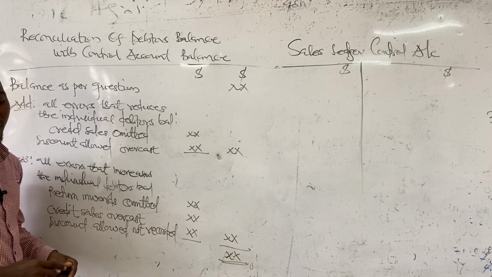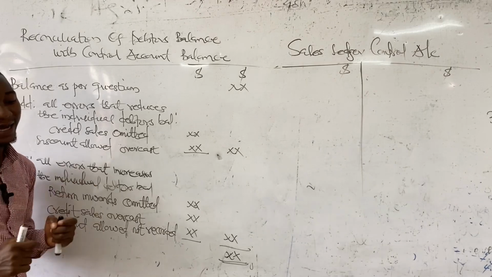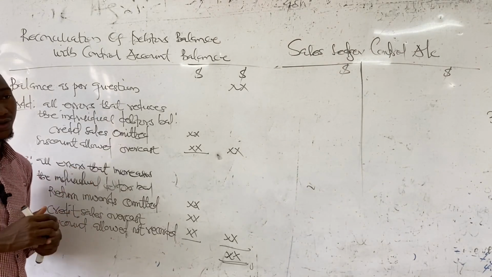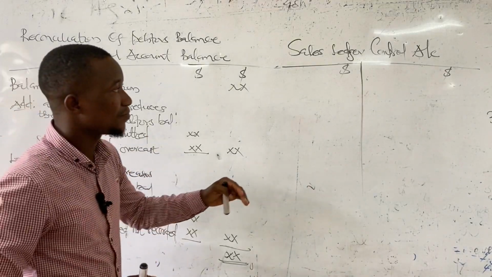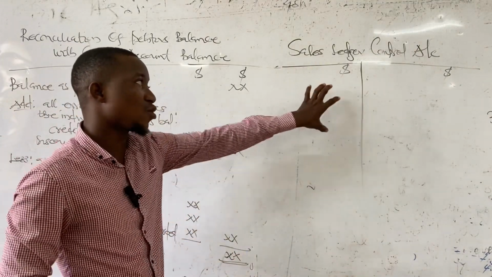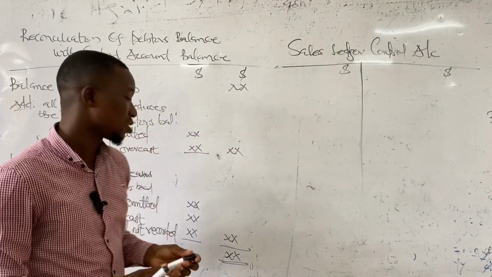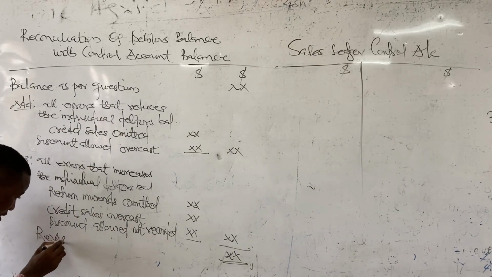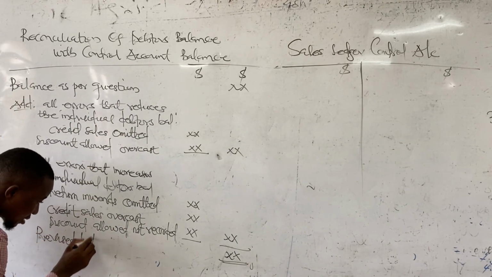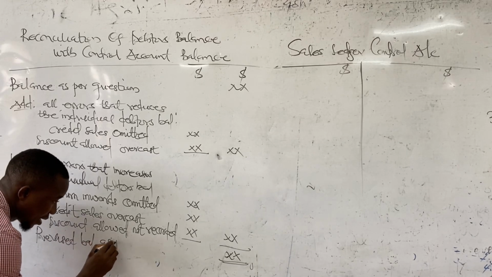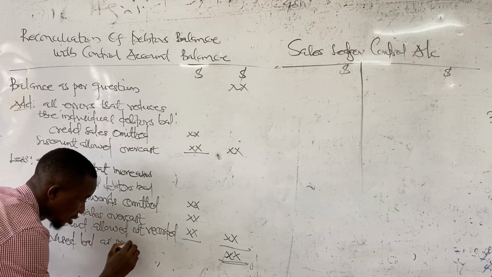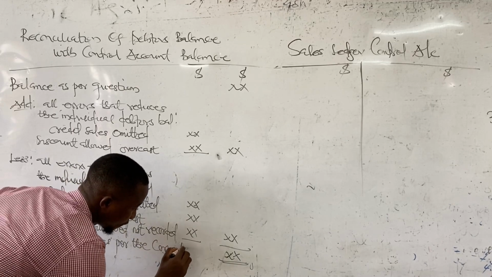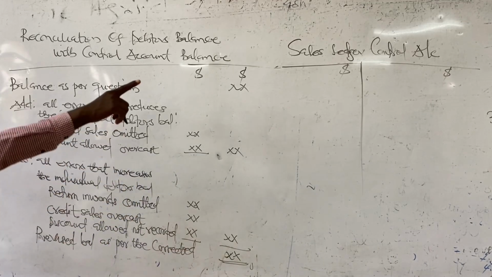Is that okay? And this final balance is the revised balance as per corrected sales ledger control account. It will be the revised balance as per the corrected control account balance. So I will say a revised balance as per the corrected control account balance.